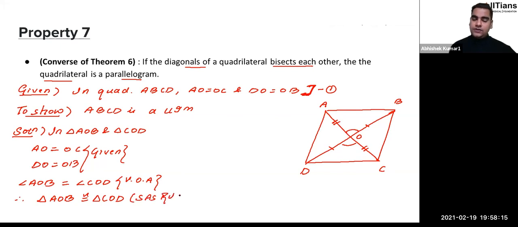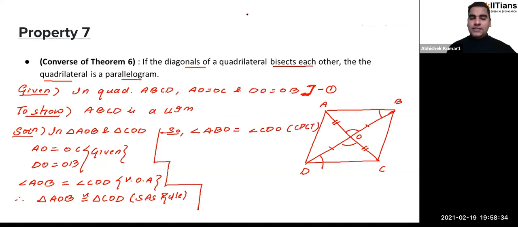And because these two triangles are congruent by SAS rule, this angle is equal to this angle by CPCT. So we can say angle ABO is equal to angle CDO by CPCT.